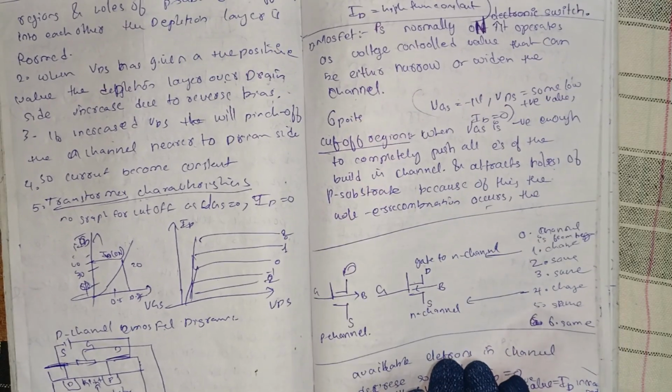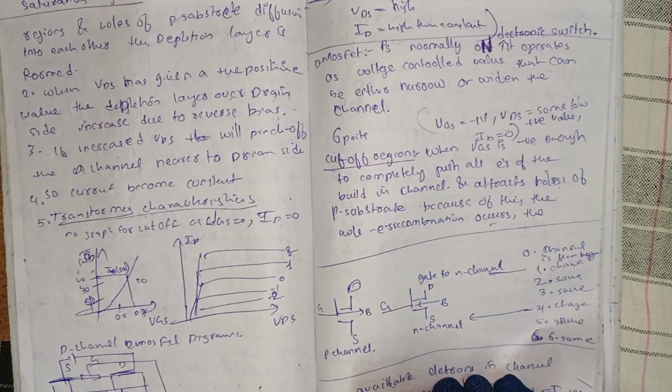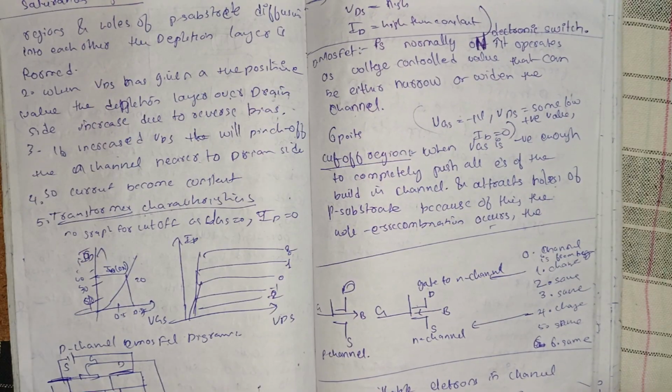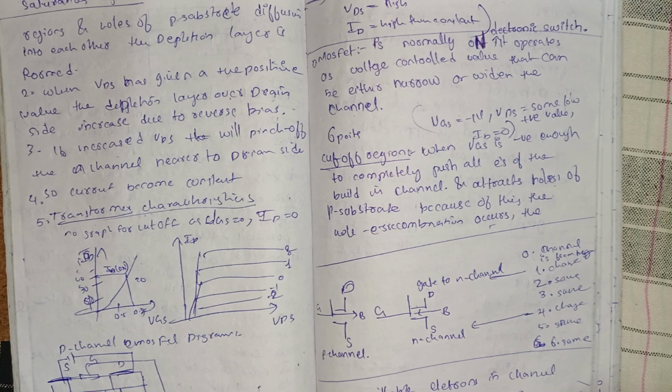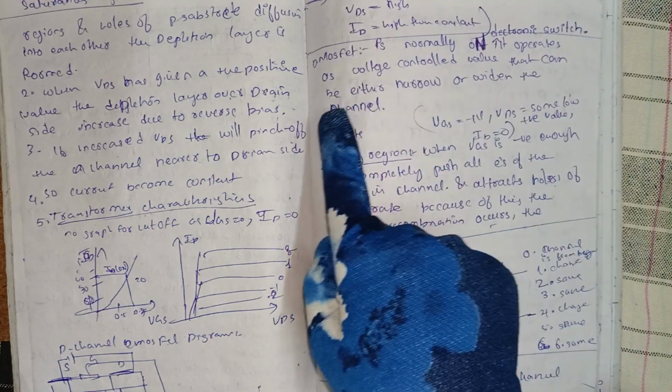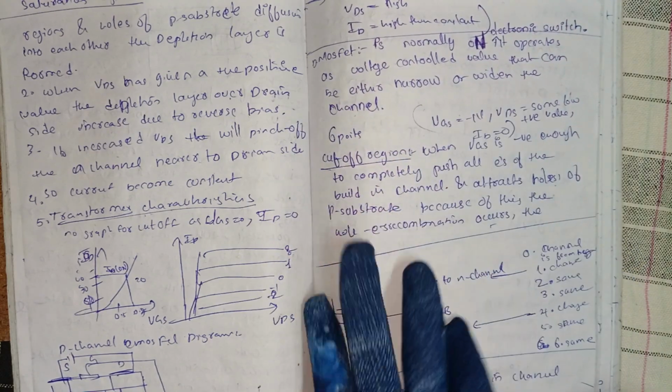It is a normally on electronic switch, means before applying any voltages VGS or VDS, it is on only, means the ID current flows in the circuit.